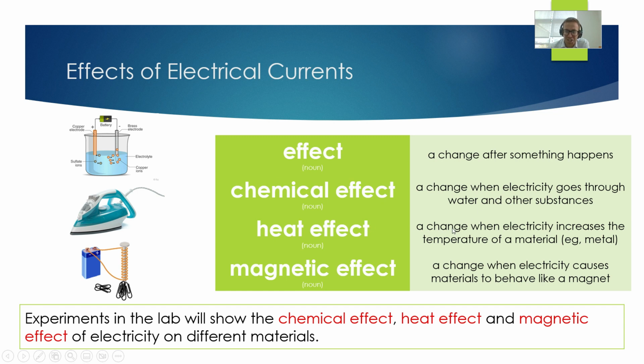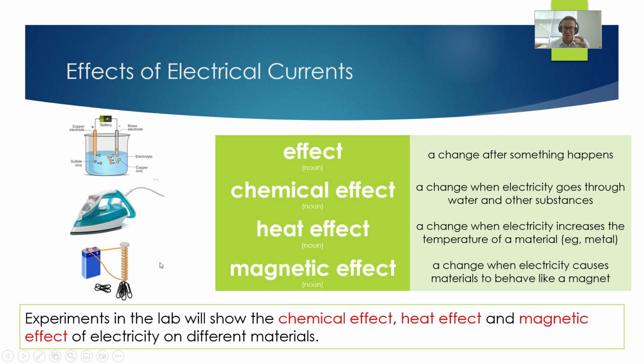Heat effect is a change when the electricity increases the temperature of a material, for example, metal, and this is a good example in the picture. We have an iron for your clothes and the electricity goes through the wire and changes the temperature of this metal. And magnetic effect is a change when the electricity causes materials to behave like a magnet.